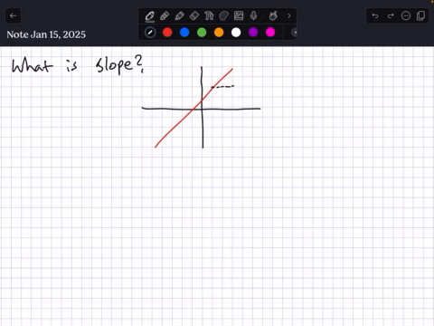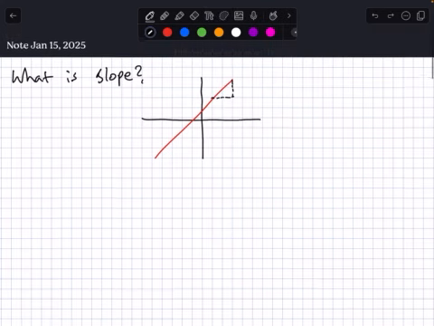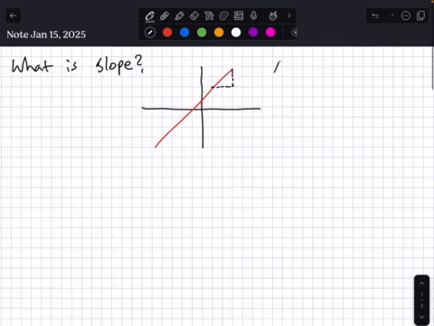If we go across 2 on a graph, we also have to go up 2 to stay on the line. That is what the slope is. In math, we write change with this triangle, the Greek letter delta. So we say slope is equal to delta y over delta x, and that will give you how much y will change when you change x by a certain amount.